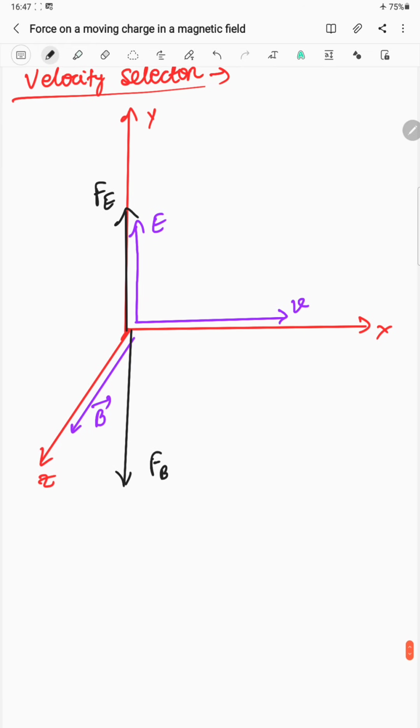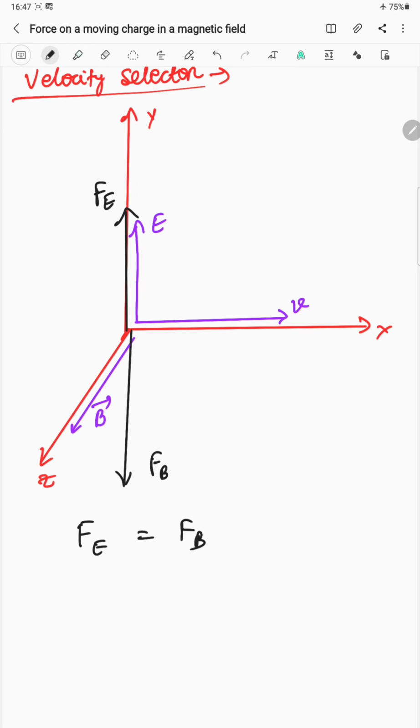Clear? So this velocity selector tells that if the electric field and magnetic field are mutually perpendicular and a charged particle enters this region with velocity v, which is perpendicular to both the electric field and magnetic field, now when can this happen? When your electric force is equal and opposite to the magnetic force.